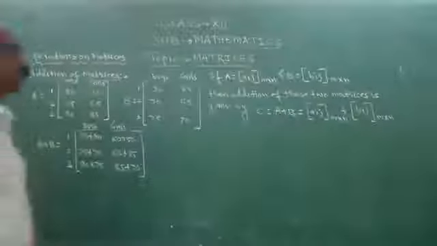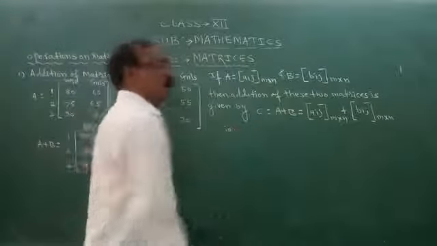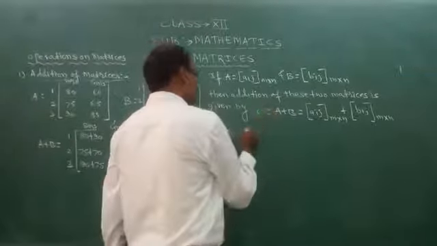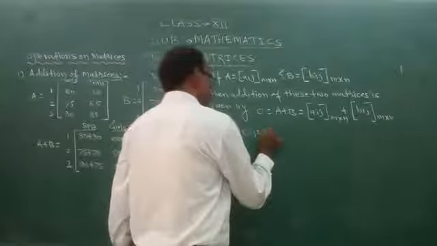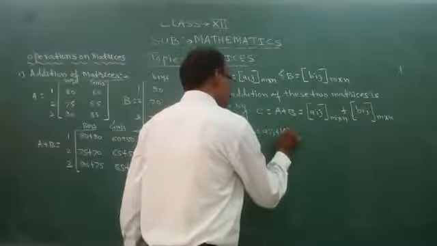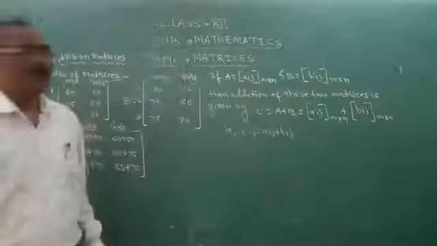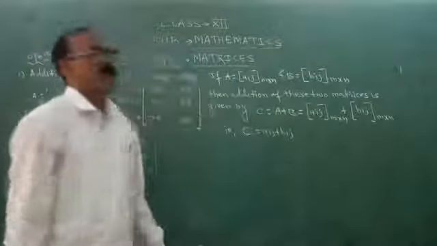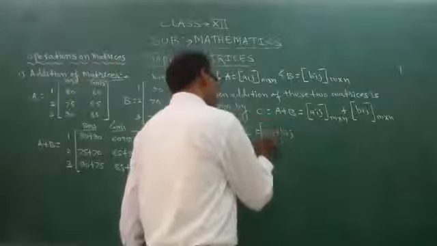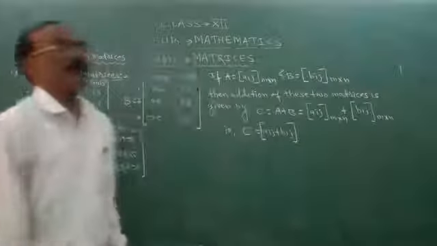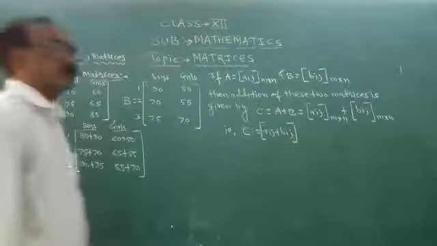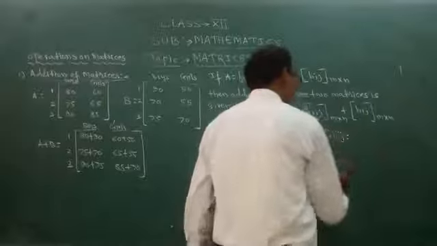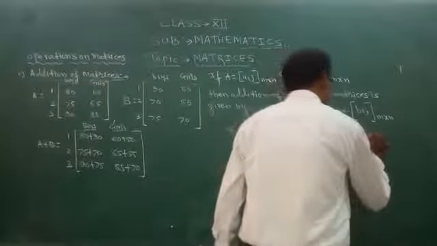So that is [Cij]. I can write this in matrix C. Suppose Cij will be equal to Aij plus Bij, addition of these two. Or you can write this matrix C will be the addition of elements in two matrices, where Cij is equal to Aij plus Bij.